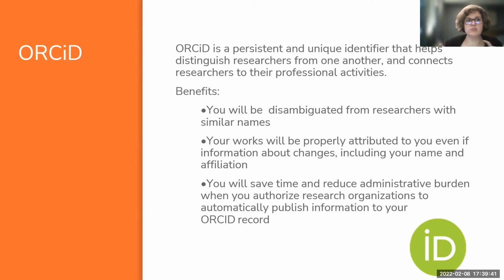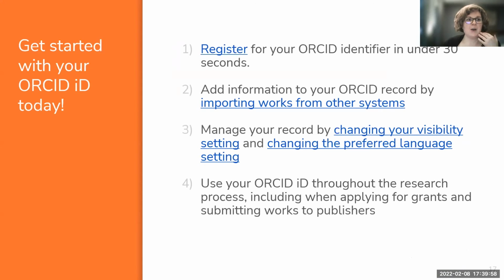So they might not know which ones are really you, because again, this is more a problem when your name might be a bit more common. Sorry, I don't know if it makes sense what I'm saying, because if I showed you an example, that might be easier. But long story short, getting an ORCID ID is simple.